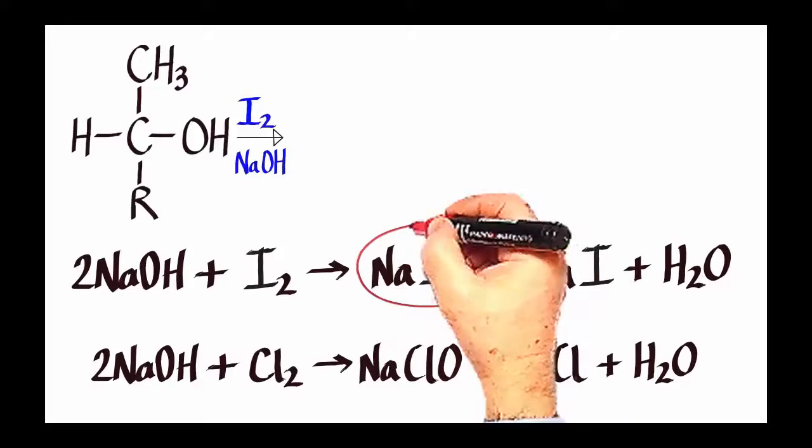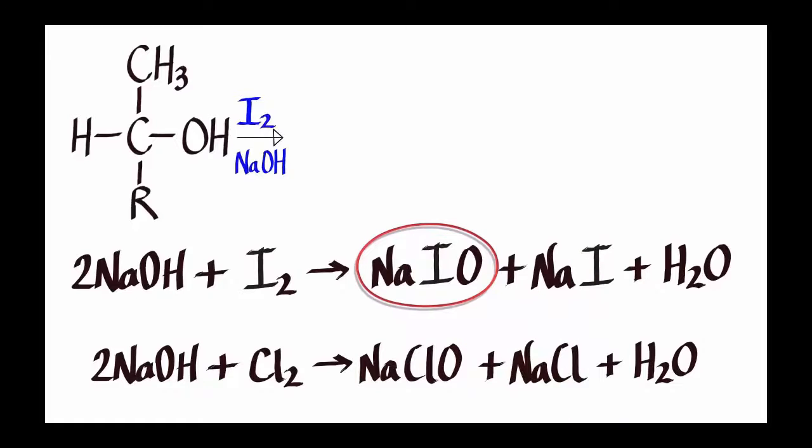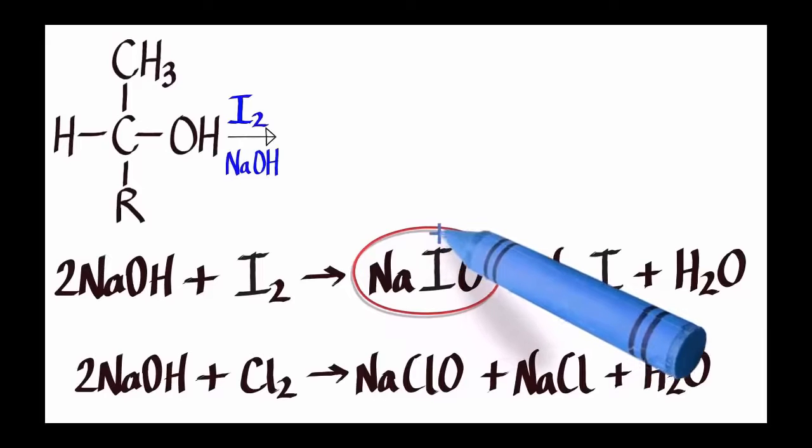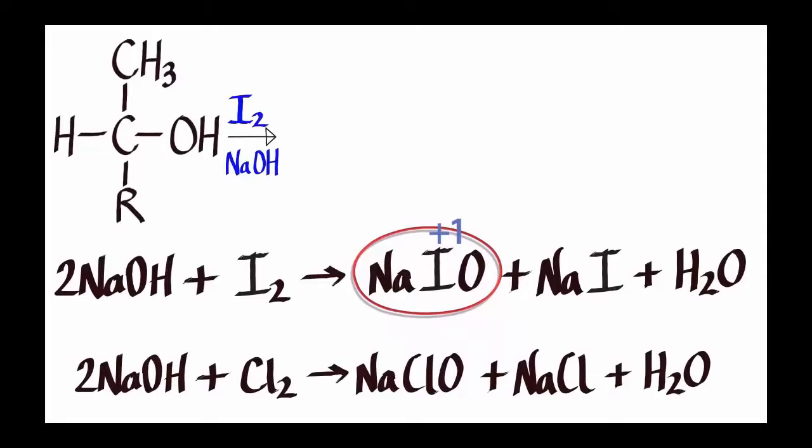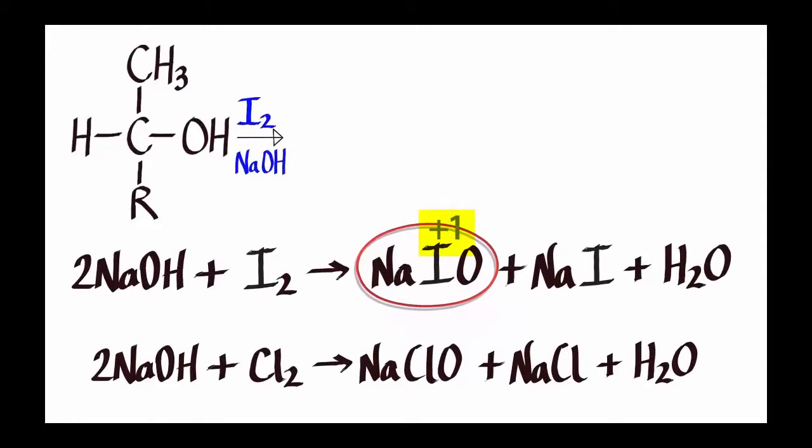Instead of chlorine, we have the halogen iodine. The chemical reaction then is very similar, and here we get sodium iodate(I). That's to say the oxidation number or state of the iodine is +1.